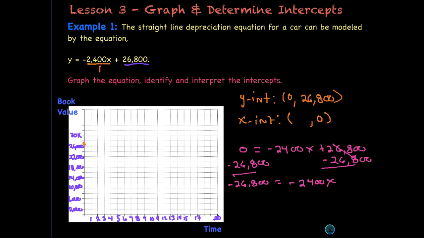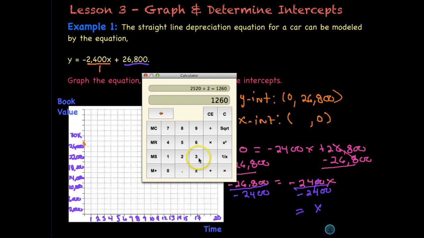My final step then would be to divide both sides by negative 2,400. These cancel out, and my x-intercept is going to be negative 26,800 divided by negative 2,400, 11.17. And that is my x-intercept.